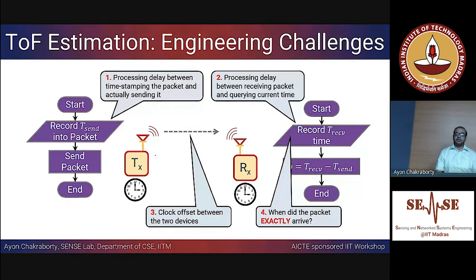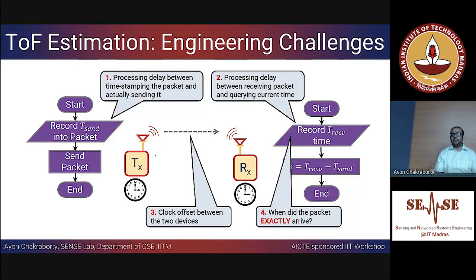The other challenge was the clock offset between the two devices. Like we did in GPS, we either take care of this separately as part of the range equations, or, to remove all such hassles, can we have an intelligent ranging mechanism that will take care of the clock offset between such devices?